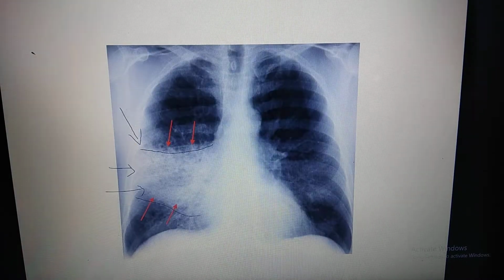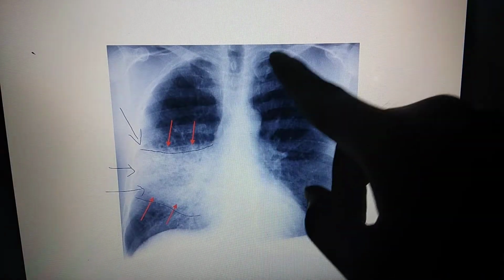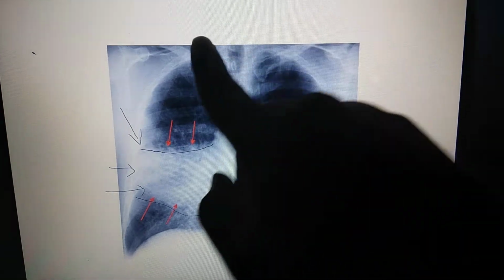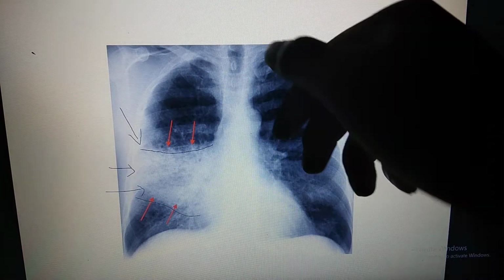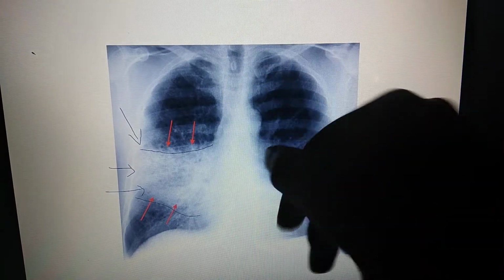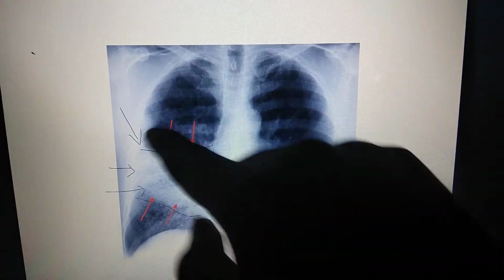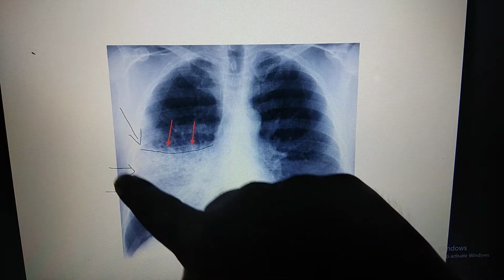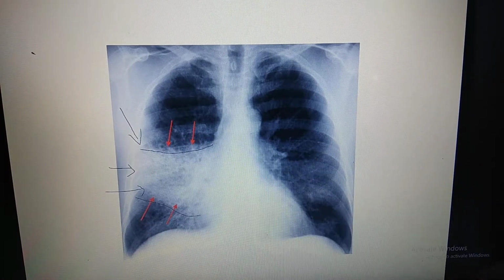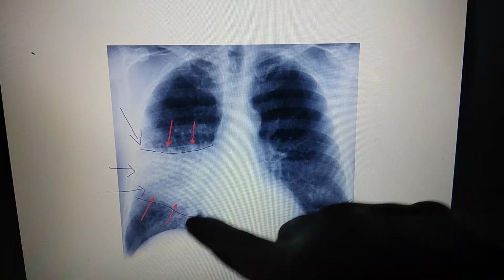Okay, don't worry. Again we should see the x-ray. This is the lungs. This is the heart shadow here. This is the trachea, almost central. This is the clavicle, and I see a white opacity here. White opacity means there is some fluid here.